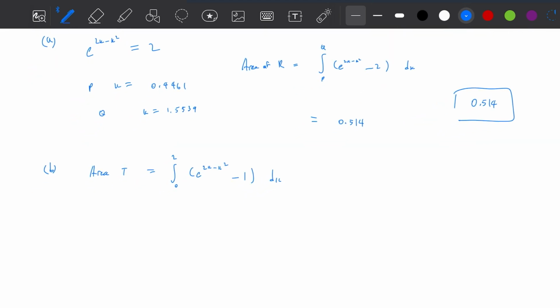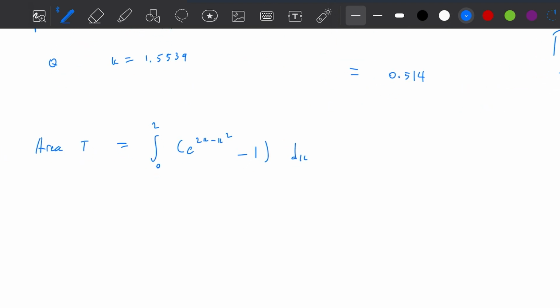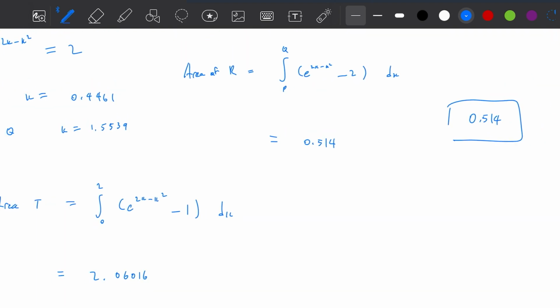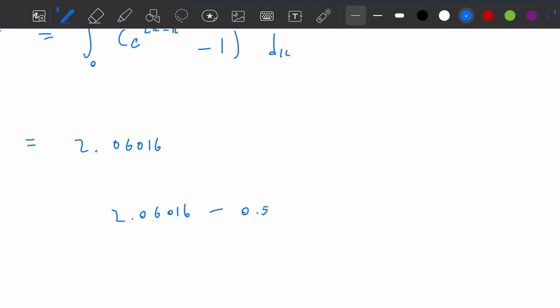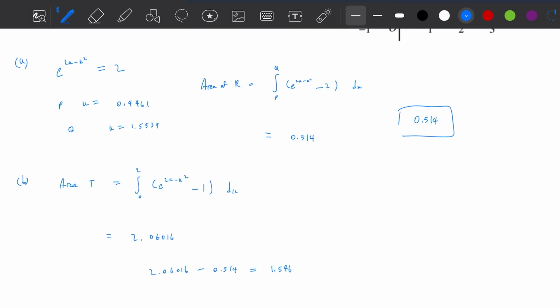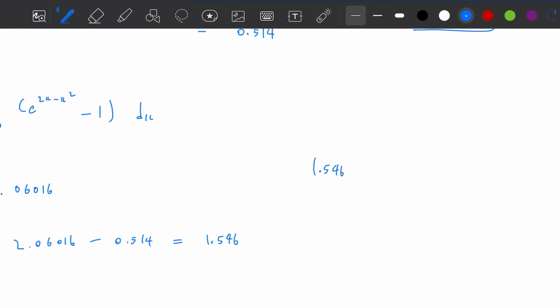The area of T comes out to be 2.06016. So we can simply subtract what we found earlier, which is 0.514, from this answer, which will give us 1.546, which means the total area for S is 1.546.